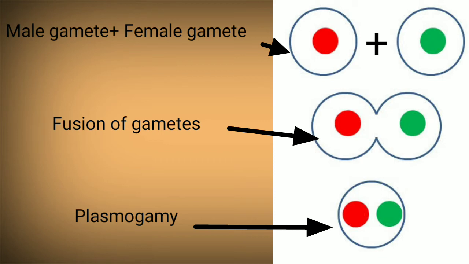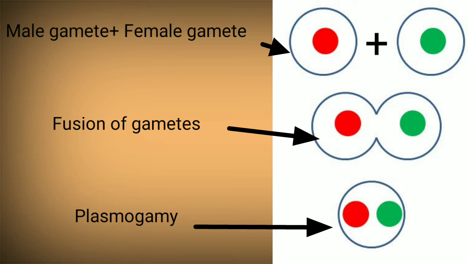Now what is plasmogamy? It is the first stage of sexual reproduction in which the cytoplasm of the two gametes fuse with each other. This is found in any sexual reproduction, that the male and the female gametes fuse with each other to form the zygote. Here also, at first the cytoplasm gets fused, and the fusion of the cytoplasm of these two gametes is called plasmogamy.